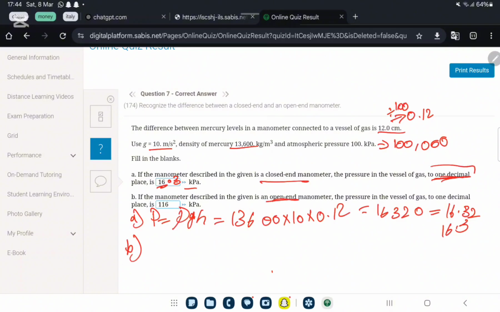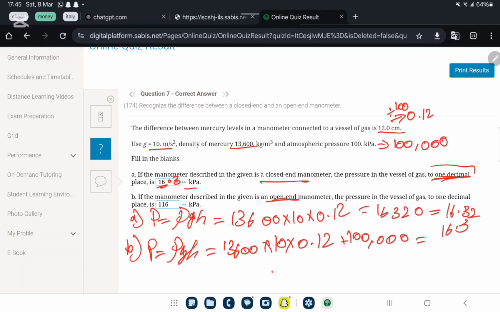Now B, it's an open end, so you add the atmospheric pressure at the end. P equals density g h, 13,600 for density times 10 g times 0.12 plus atmospheric pressure 100,000 equals.